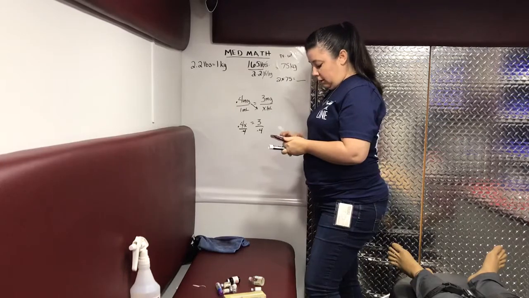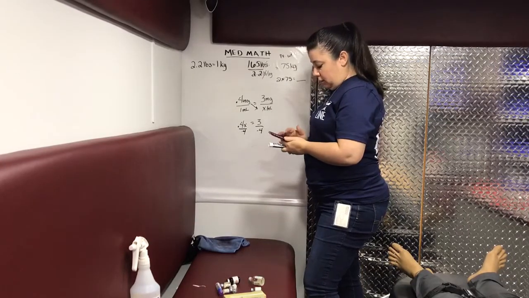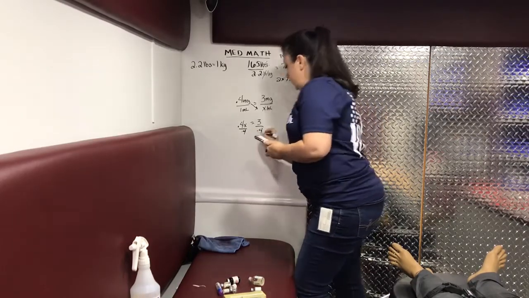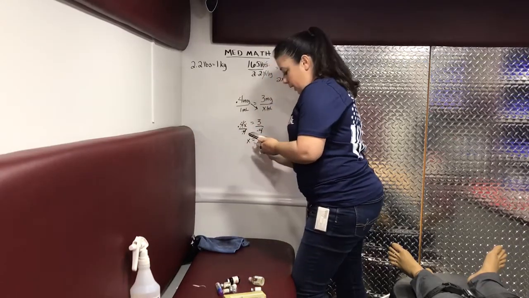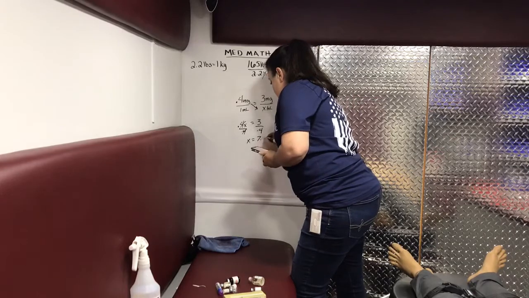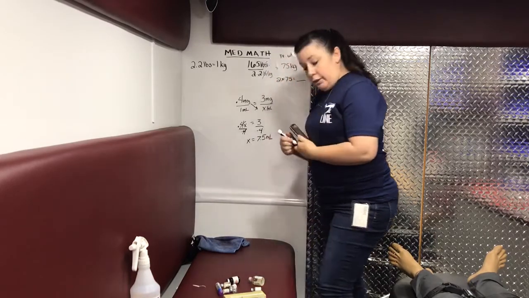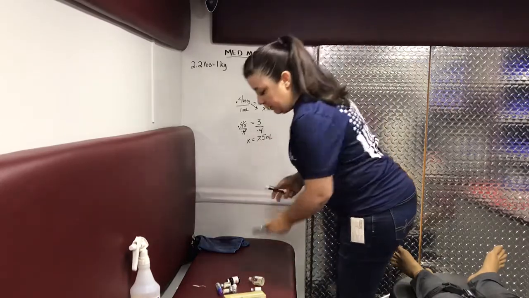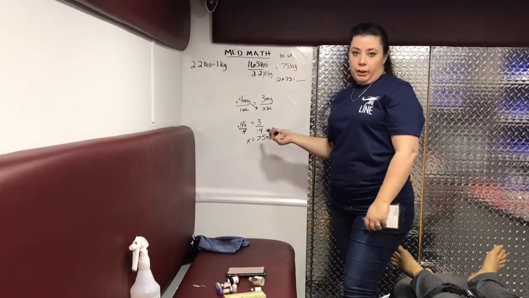3 divided by 0.4. So that's going to get rid of those. So we have X left. So X equals 7.5 milliliters. So if I have to give 7.5 milliliters, what size syringe do I need?